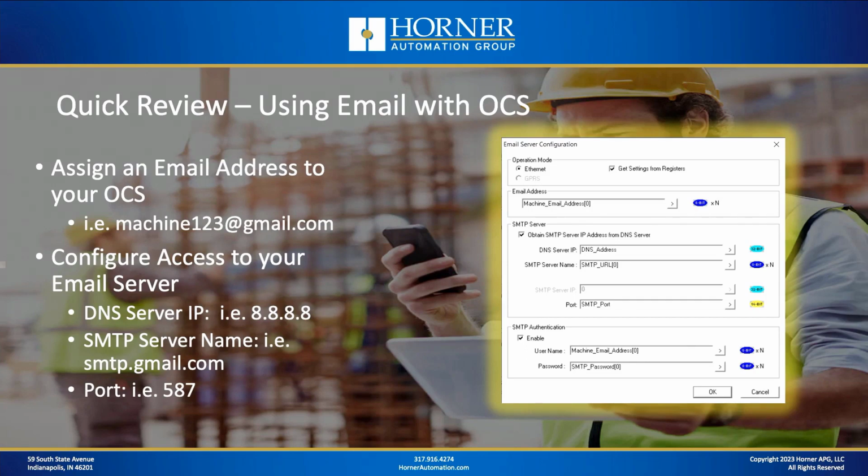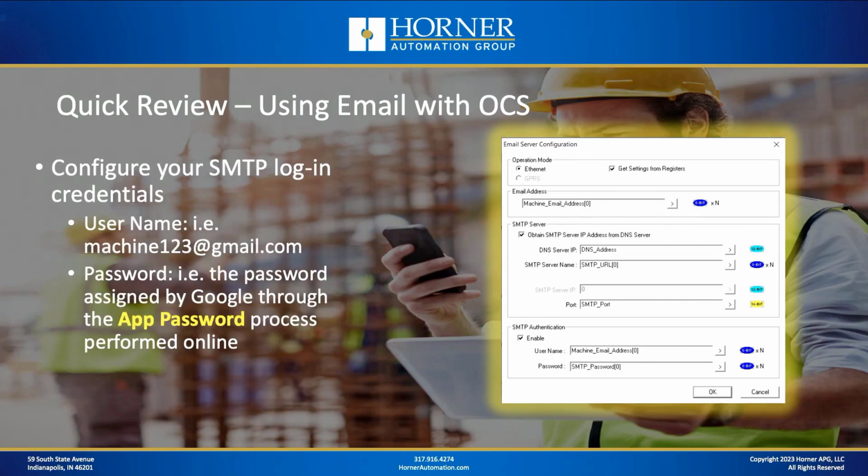If you're talking about open text, that would be port 25, although it's very difficult to find open text email services anymore. And then the final thing you're going to do is configure your login credentials, which is the username and the password. Typically, that's the email address for the machine, most commonly at least. And then that password will be the app password that you retrieved from Google, again, if you're using Google Gmail.